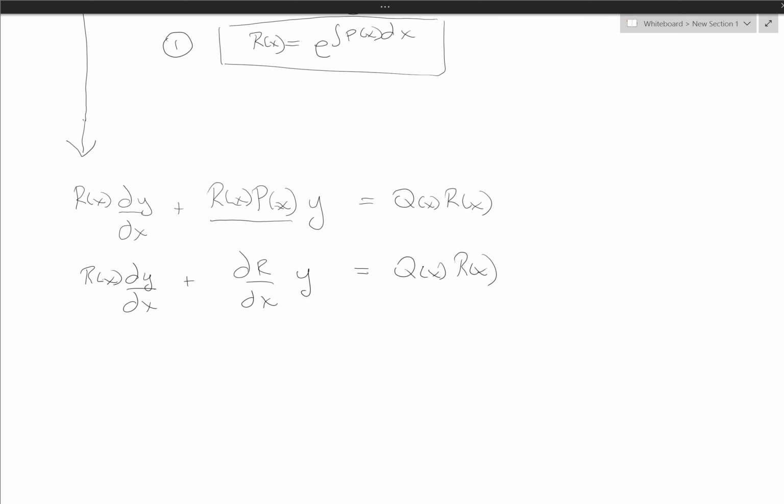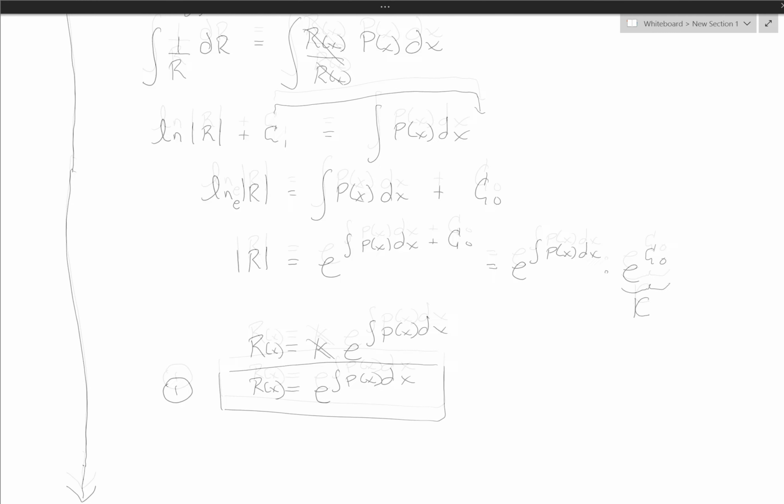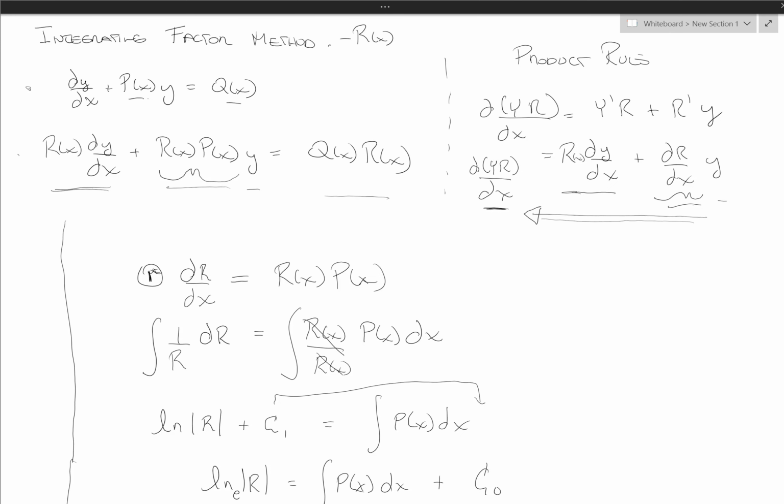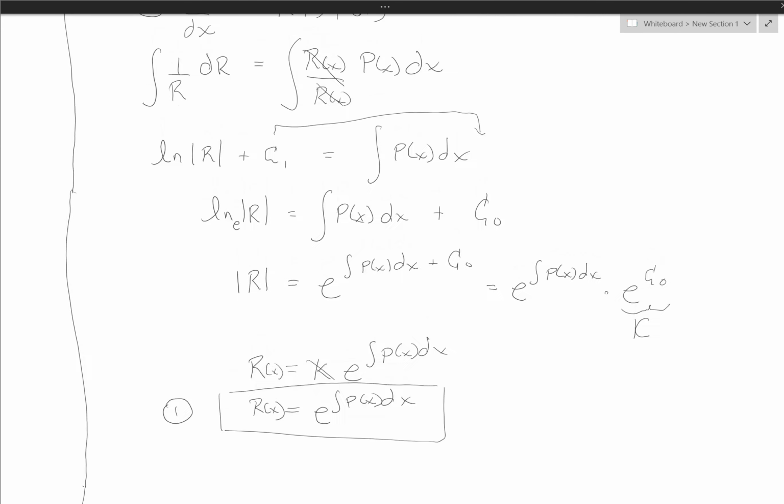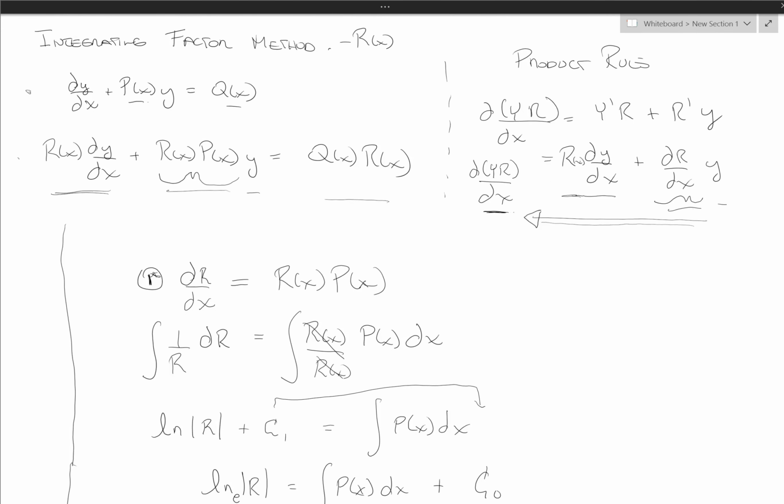But look, this right here is the product rule that we have up here. r dy/dx plus dr/dx times y is d(yr)/dx.